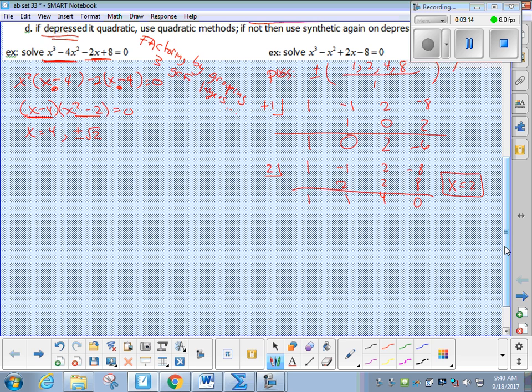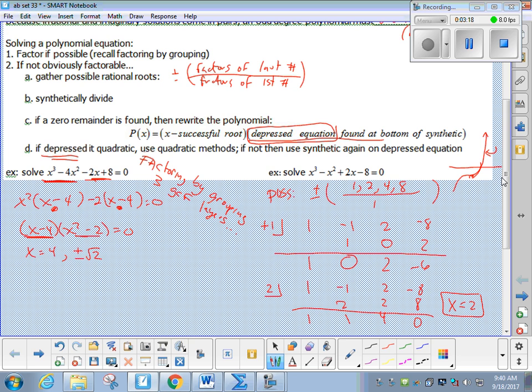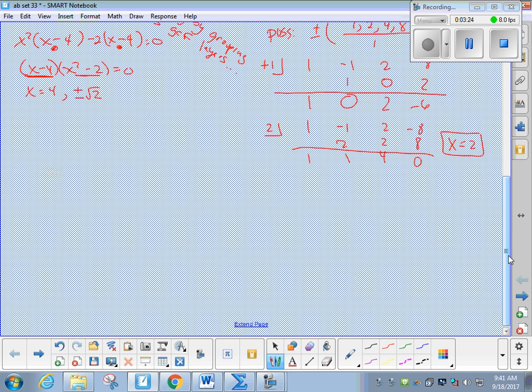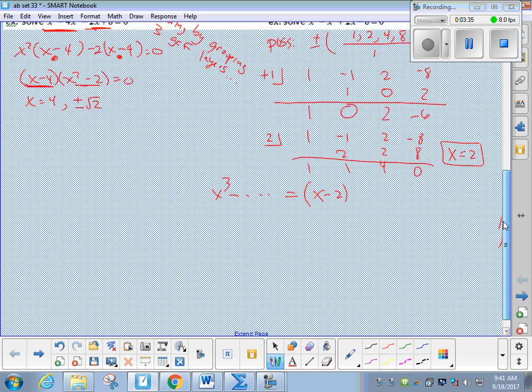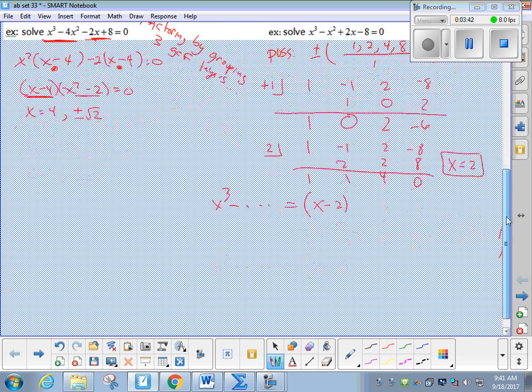Never, right? So when I say rewrite the polynomial, you might not have been clear what I meant. Take a pause here and say, right now that x cubed equation, I have decomposed it into x minus 2, which is what I was getting at when I said x minus the successful root, times the depressed equation at the bottom.